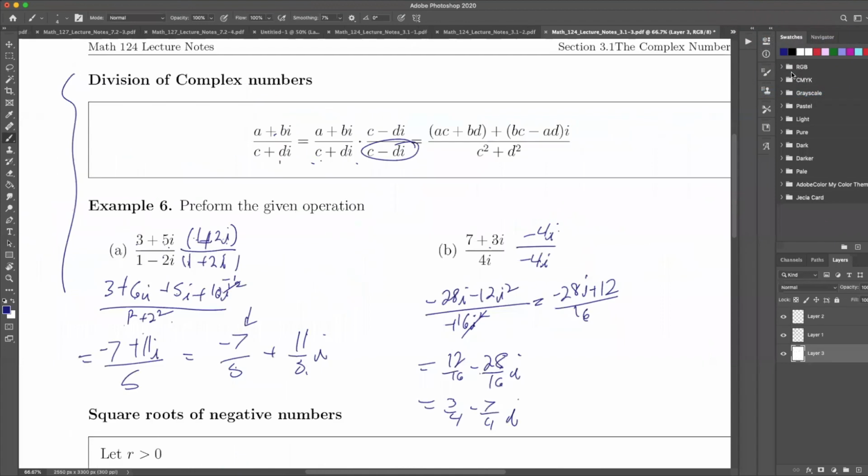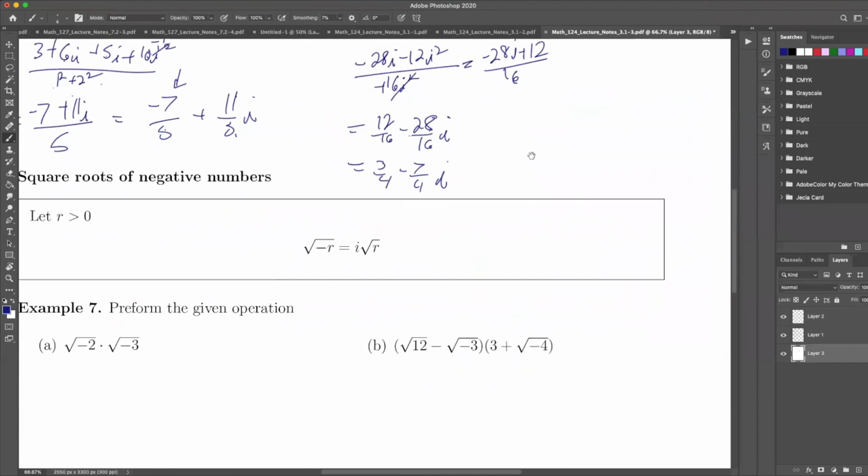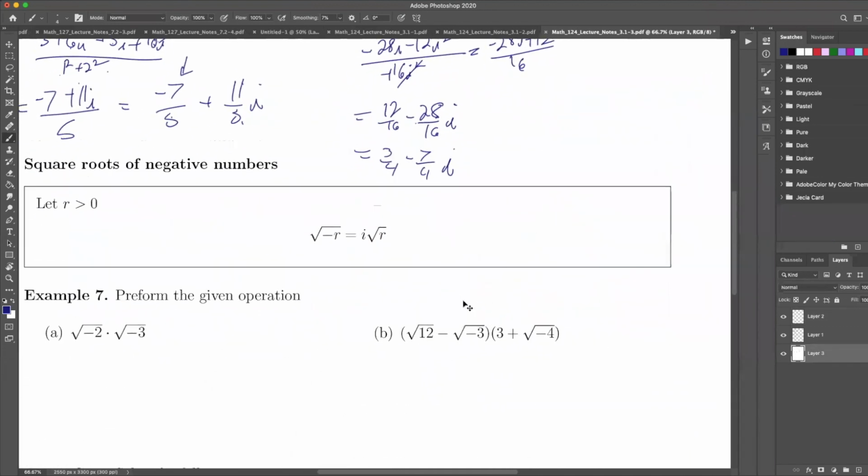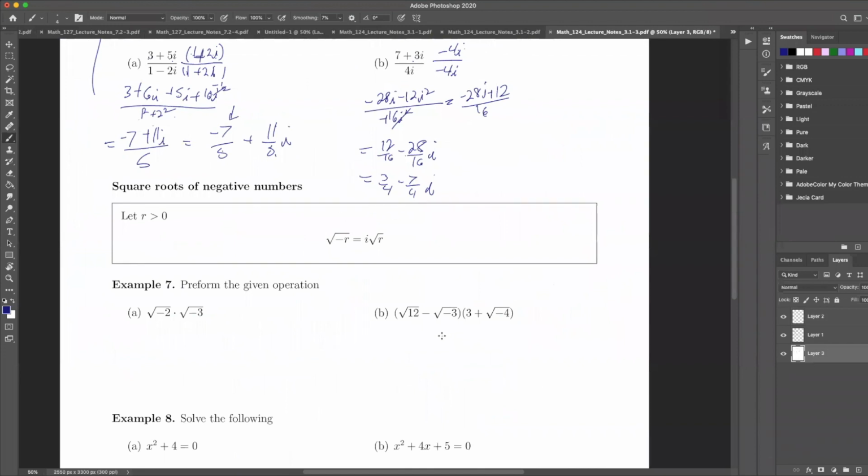That's the best way I would do it in your mind. If you see i, just think of it like an x or a y or an h, with the one little caveat that i squared is equal to minus 1. Okay, so why do we do this? We do this so we can do roots of negative numbers. And I want to be very, very clear on some things.